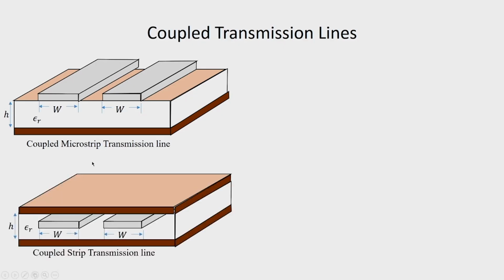We also have another form of line which is a coupled strip line, where these two central conductors are side by side, and we have ground plane on top and bottom.